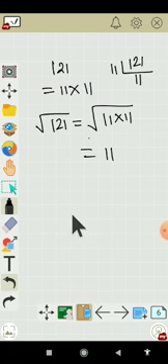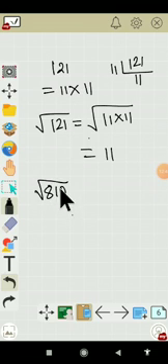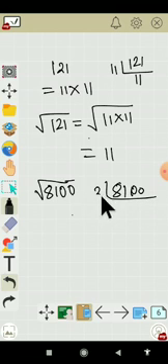Suppose one big number is there, suppose 8100. This is the given number and we have to find out the square root of 8100. So first factorize this one. By 3 we will factorize, the lowest prime number. We have to divide the given number by the lowest prime number which completely divides the given number.